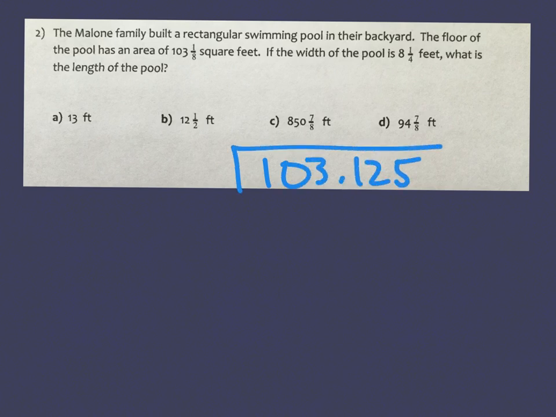Now remember, got to move the decimal all the way to the end in our divisor. So in this case, I moved it twice. So I need to do the same thing to our dividend. 825 doesn't go into 1, nor 10, nor 103, but it does fit into 1031 one time.